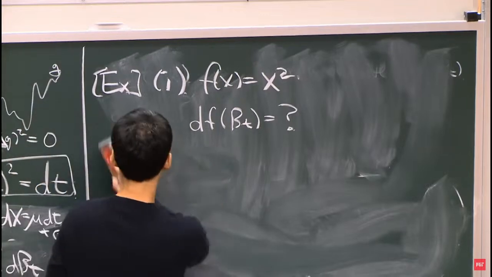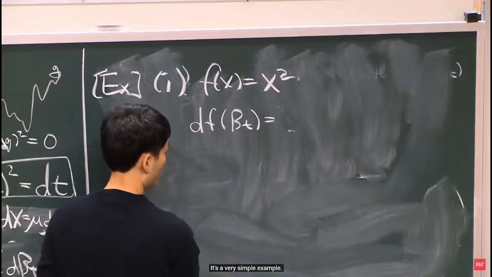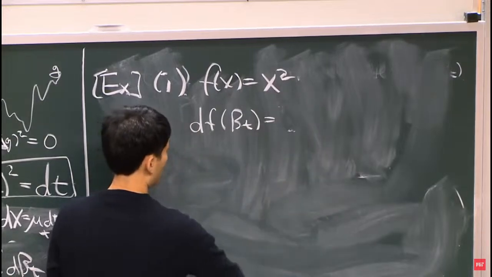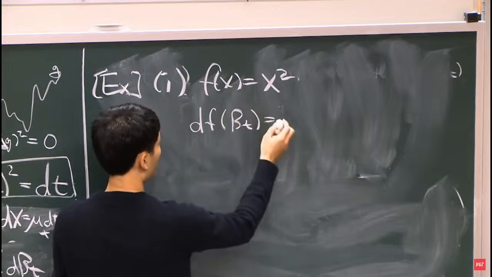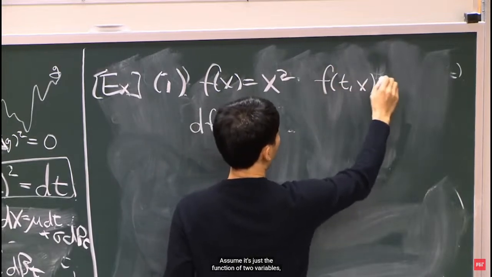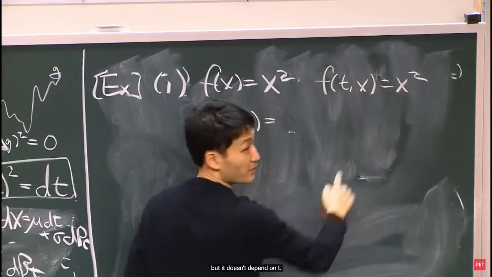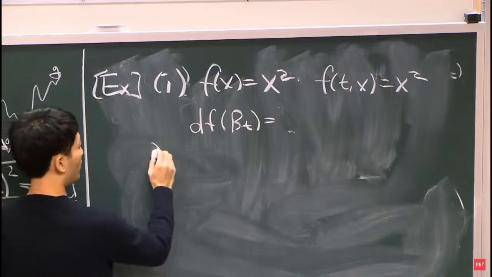Okay, so it's a very simple example. Assume it's just a function of two variables, but it doesn't depend on t. Well, you don't have to do that, but let me just do that. Partial f over partial t is 0.